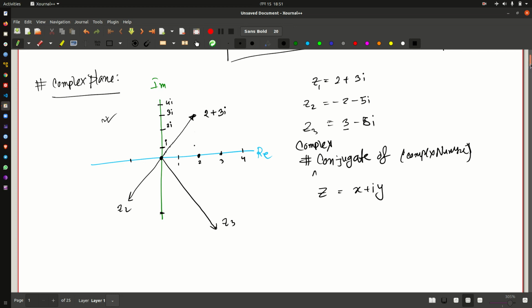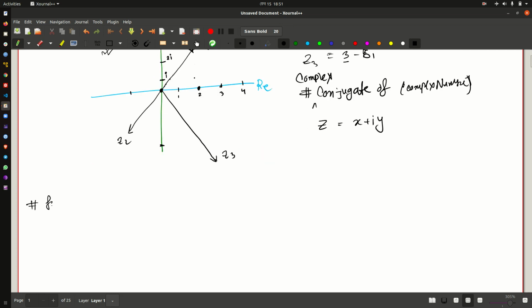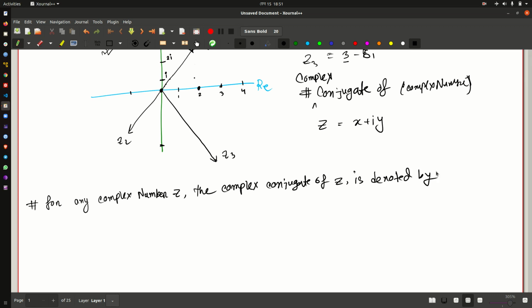For any complex number z, the complex conjugate of z is denoted by z bar, and z bar is defined as z bar equals x minus iy.